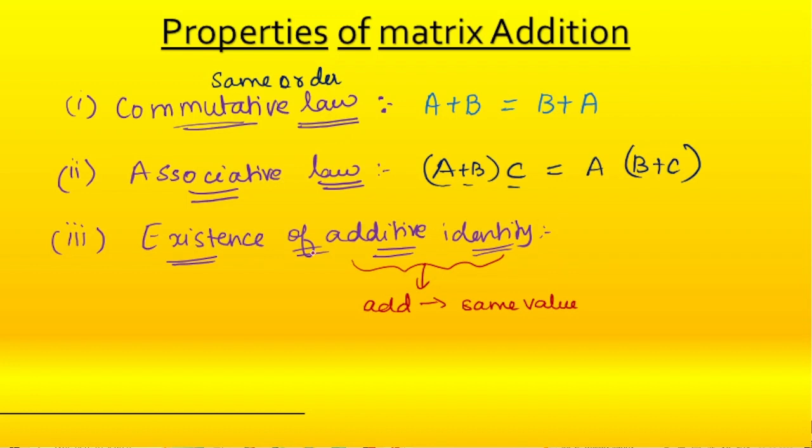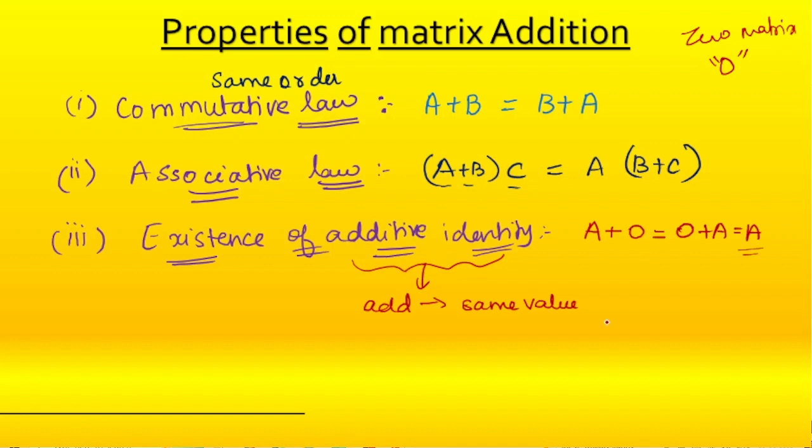So, which is going to be the additive identity? See, I already told you the zero matrix or null matrix is represented with the letter O. So when you add A plus O or O plus A, that is going to give you A. You are going to get the same value A. That means your A matrix is again restored.